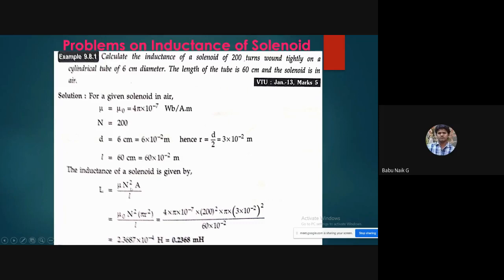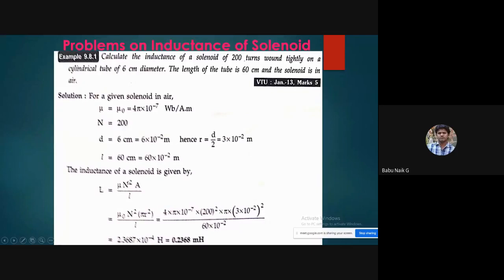We know that the area of the cylinder is pi r square. To calculate the radius r, they have given 6 centimeter as the diameter. You can convert centimeter into meter, which is 6 into 10 to the power minus 2 meter. Then r is half the diameter, r equal to d by 2, which gives a radius of 3 into 10 to the power minus 2 meter.